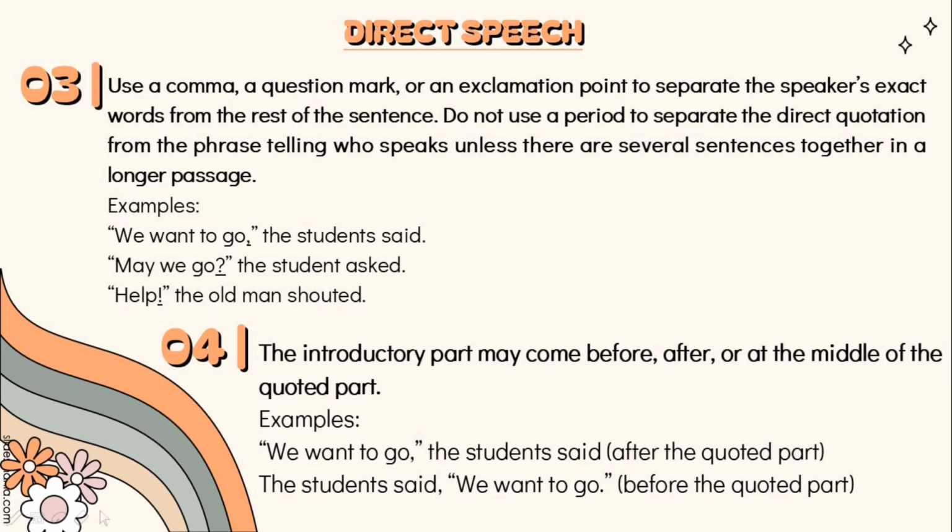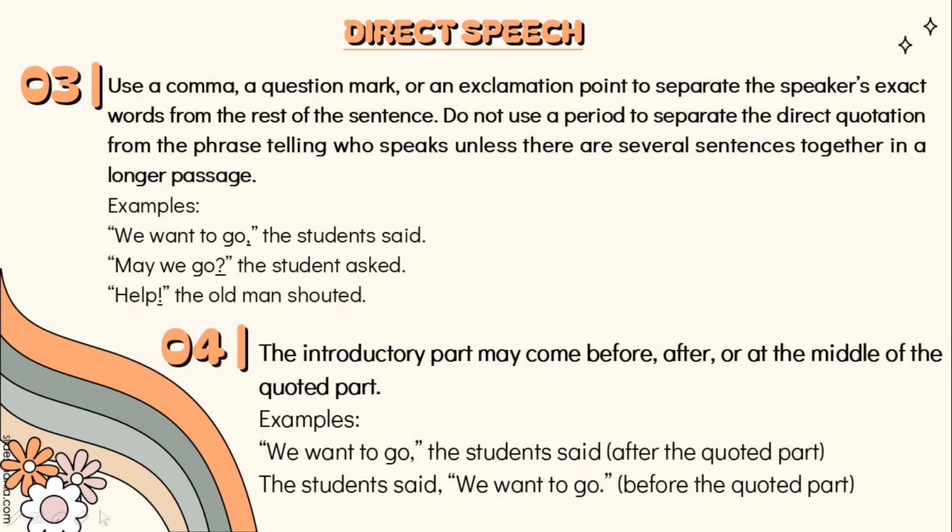Okay, number 4: the introductory part may come before, after, or in the middle of the quoted part. When we say introductory part, these are the sentences, phrases, or words that are not quoted, or not part of the quotation. It is said here that the introductory part can be placed before, after, or even in the middle of the quoted part.